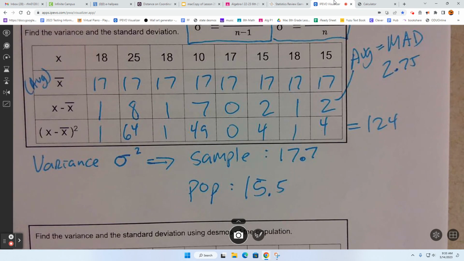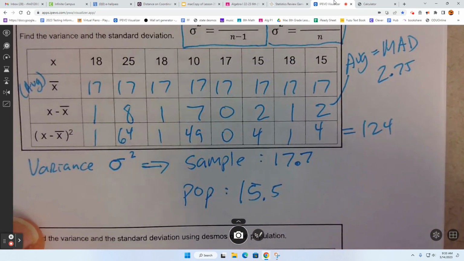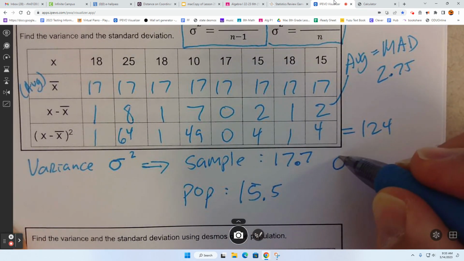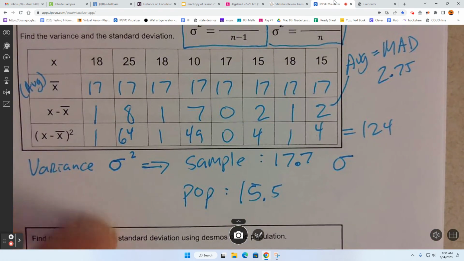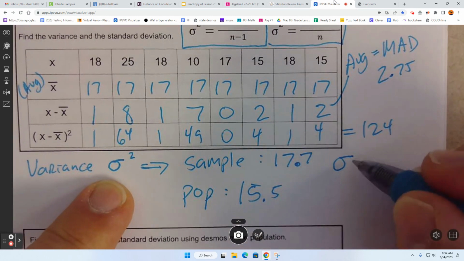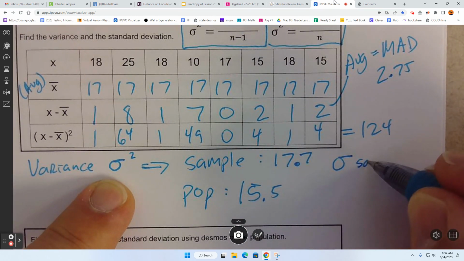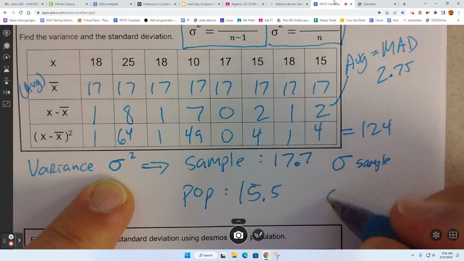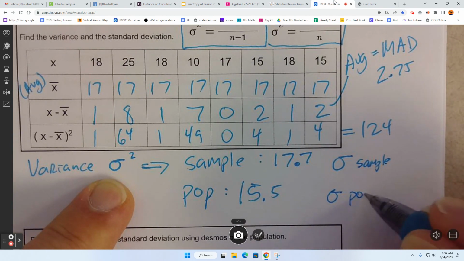The standard deviation is just the little guy without the squared. How do you get rid of a squared? Square root. So we have the standard deviation, the sample kind. We have the standard deviation, the population kind.